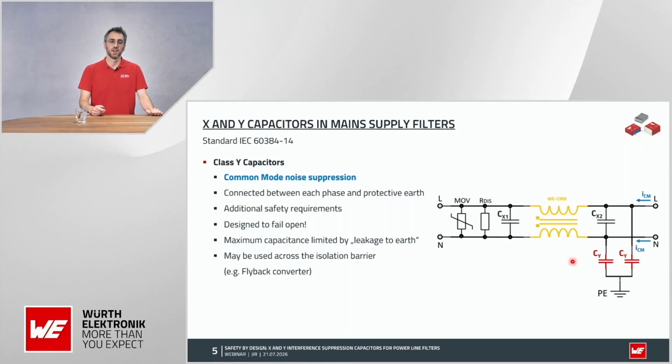This is also why normally we connect the Y capacitors on the side of the power supply or the converter, the switching side, because this is normally the source of the common mode noise. And in this example, we don't have Y capacitors on the mains side.